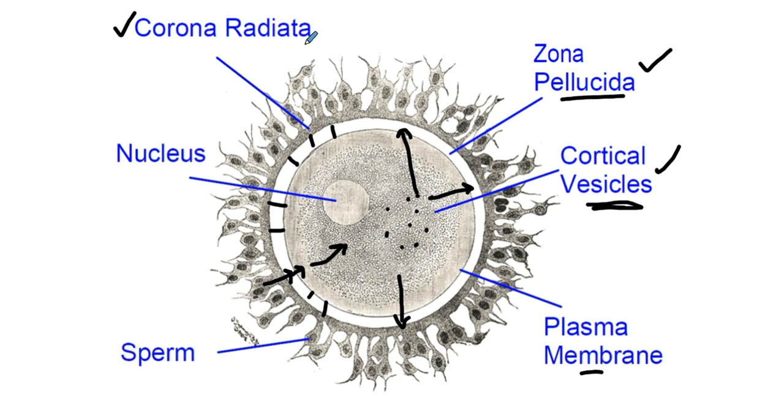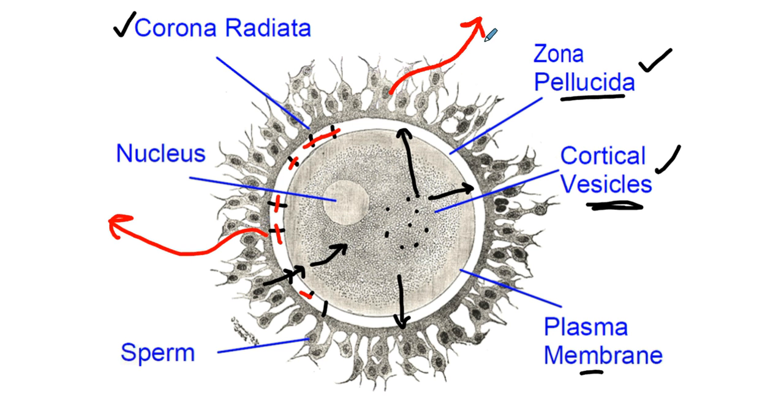And what's going to happen then, should I get another color here so we can see? What's going to happen then is that the cortical vesicles are going to release enzymes which will break all of these attachments.